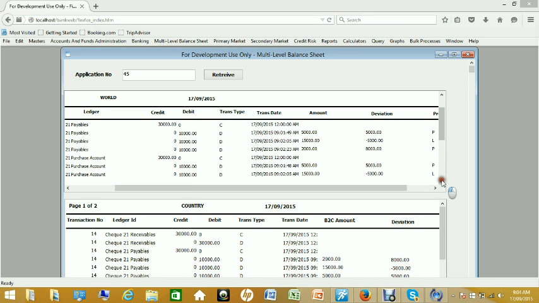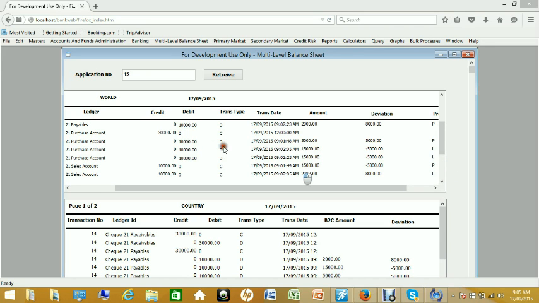Similarly, we have purchase account as well. In this purchase account, we have the target amount as 10,000, the amount spent is 5,000, so the deviation is 5,000, so it is interpreted as profit because we have spent less in the purchase account.